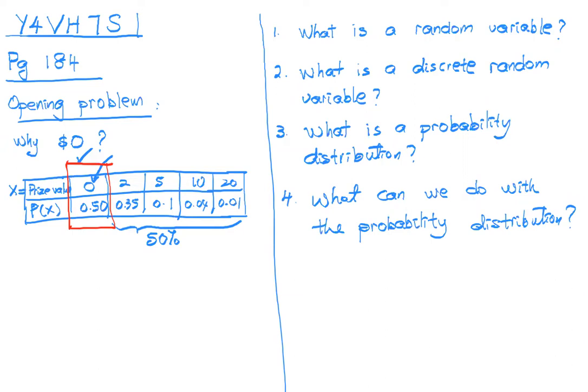So what is a random variable? The possible outcomes. When I toss a coin, I get head or tail. That is also a possible outcome. So who can tell me what is a random variable?